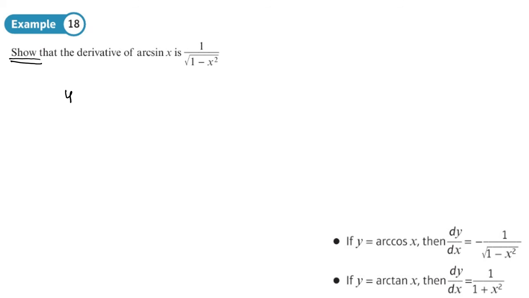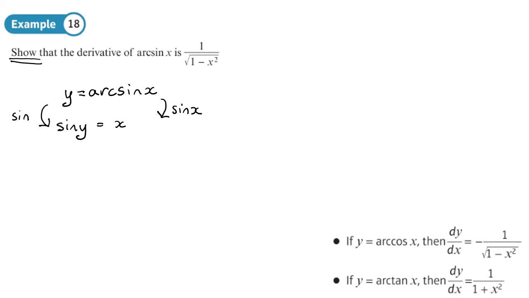So let's say y equals arc sine x, which is a bit like sine inverse. Now, if I find the sine of both sides, because I really want to get rid of that arc sine, then I'll end up with sine y equals x.